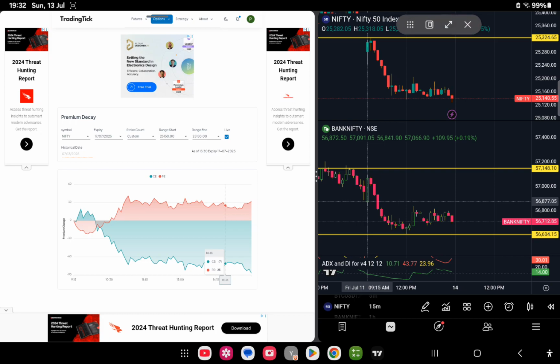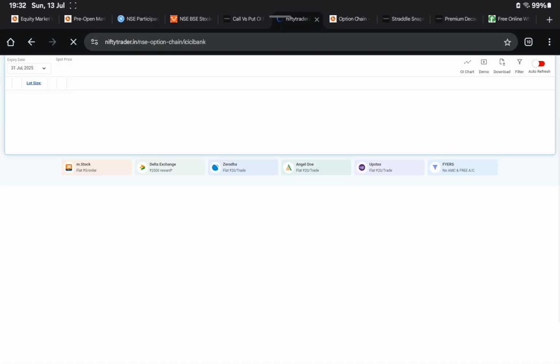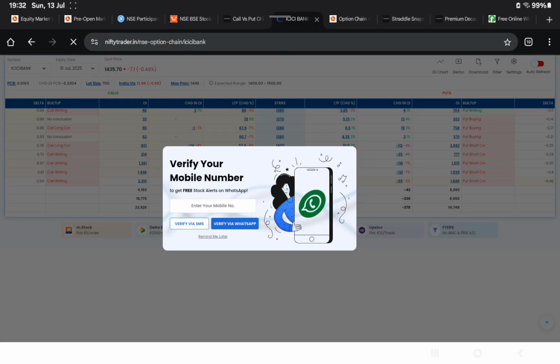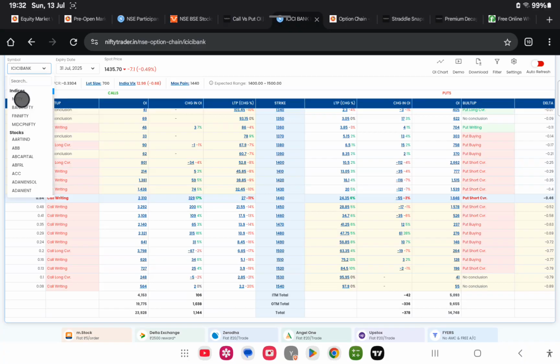Now we would go and check the close range OI so that we can get some idea of where the market can move. So first is Nifty.